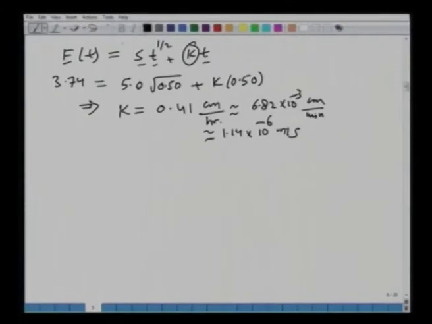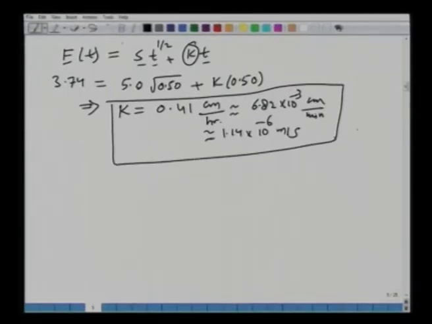Any of these three answers is fine. So, this is your answer to the first part, in which we found the value of the hydraulic conductivity using the lab observations which we made using the horizontal and vertical cases.